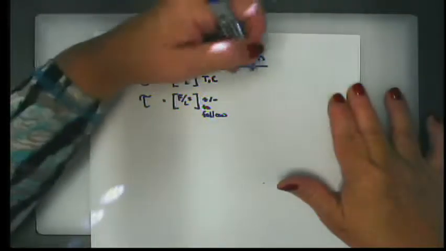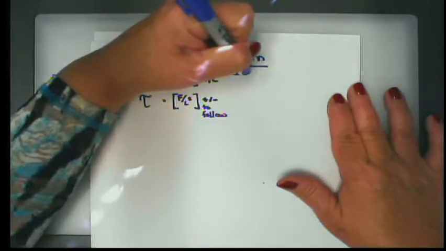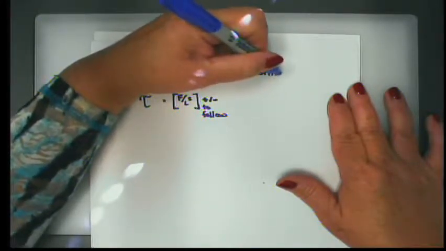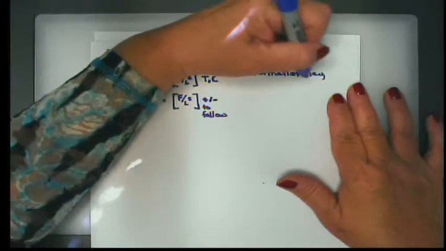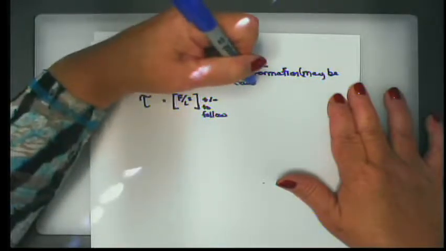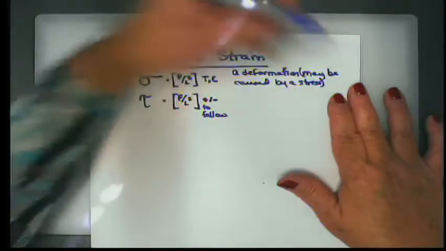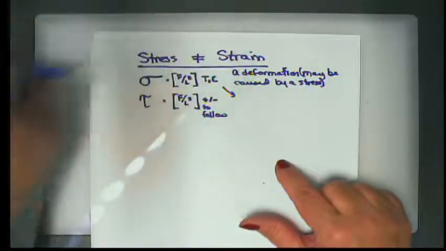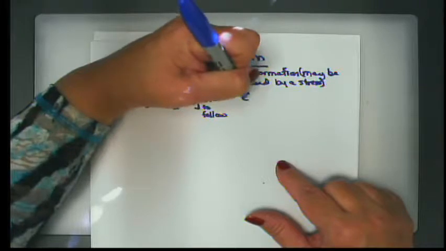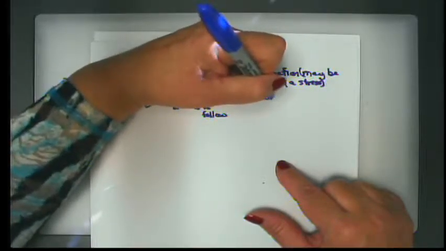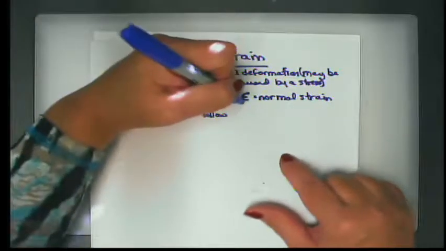Now, strain, on the other hand, refers to a deformation that may be caused, not necessarily, but may be caused by a stress. And the deformation in the case of normal stress is referred to as normal strain, and it is designated by the Greek letter epsilon.